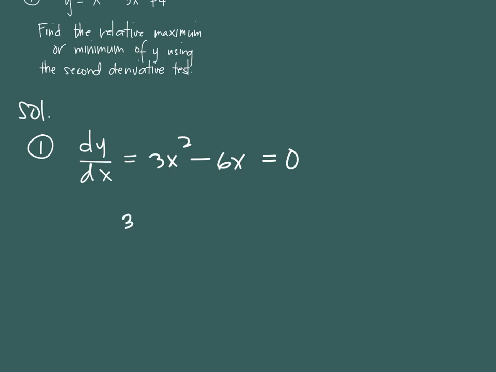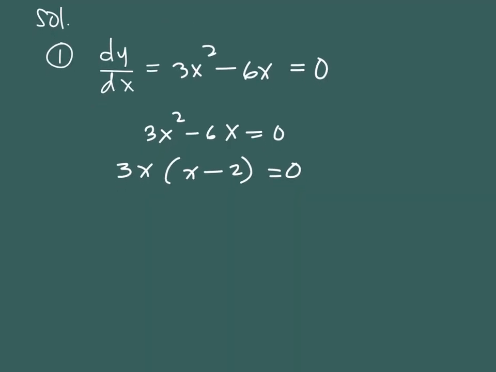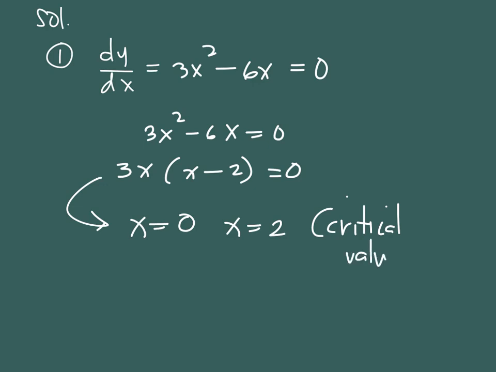So solving 3x squared minus 6x equal to 0 means factor out the 3x. x minus 2 is equal to 0. From here, it is very evident that x must be 0 or x is equal to positive 2. So these are our critical values.